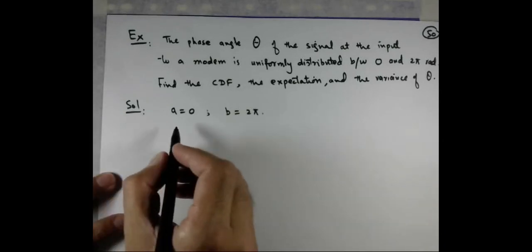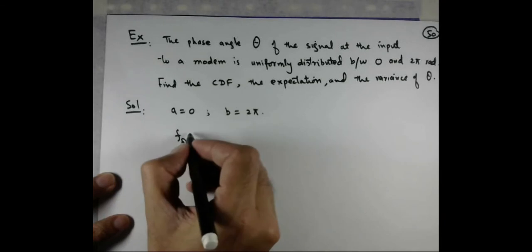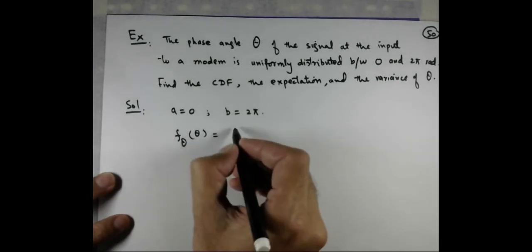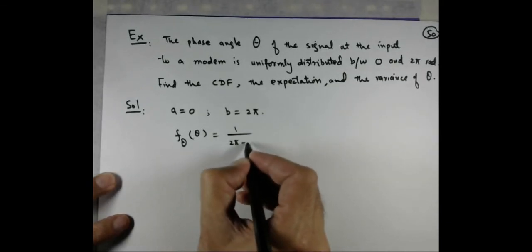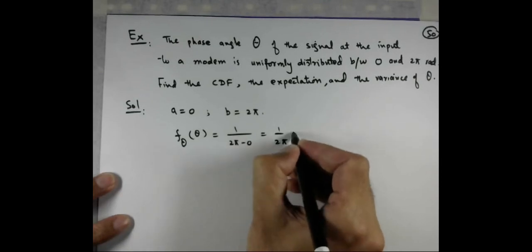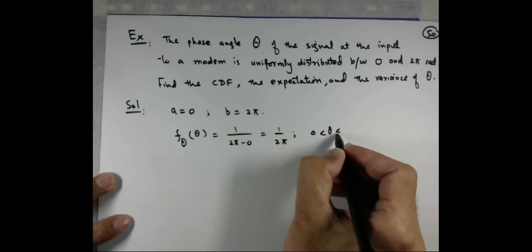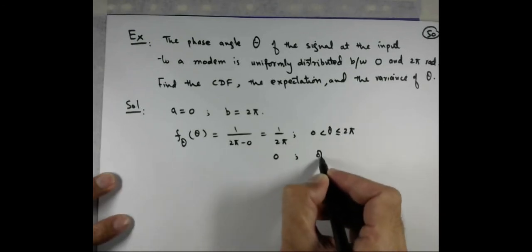For example, the PDF is f sub theta of theta equal to 1 over b minus a, which is 2 pi minus 0, which is 1 over 2 pi, obviously, for theta greater than 0 and less than or equal to 2 pi, and it is equal to 0 otherwise.